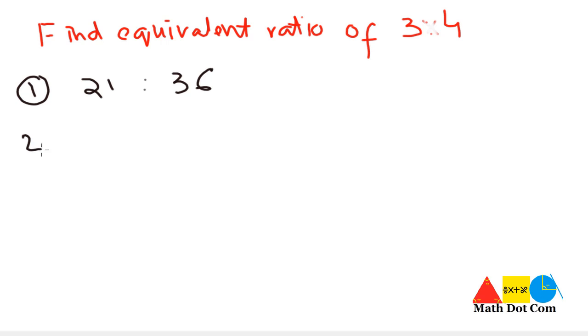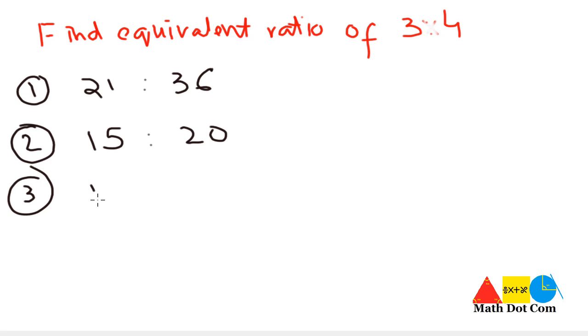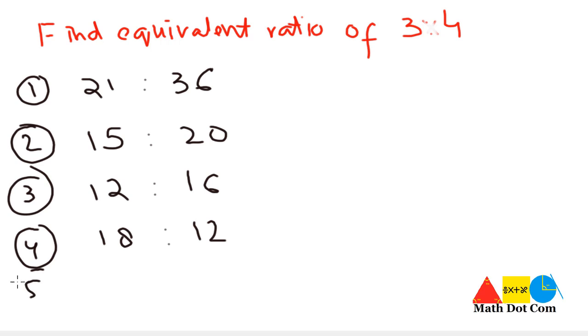Another option is 15 ratio 20. Another option is 12 ratio 16, and another one is 18 ratio 12, and the last one is 16 ratio 12. Let's check them one by one, to see what is the equivalent ratio of 3 ratio 4.